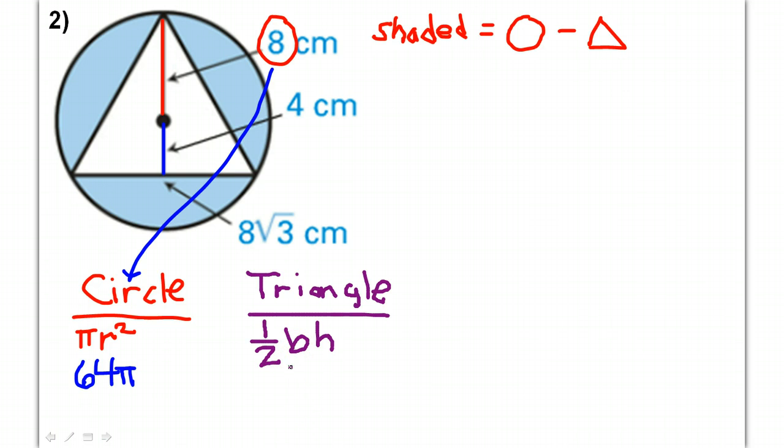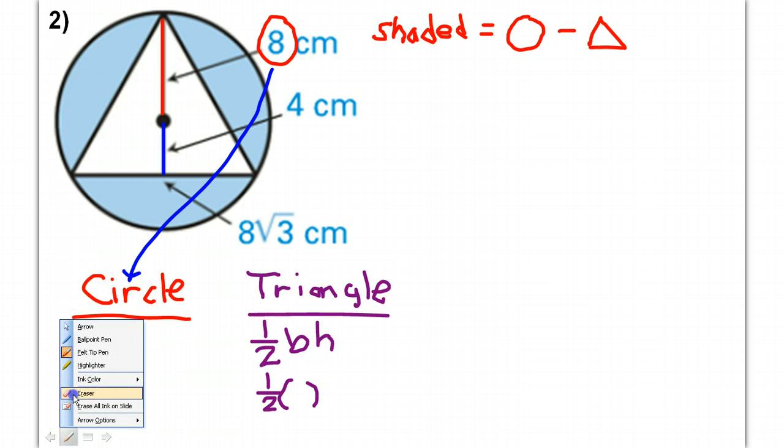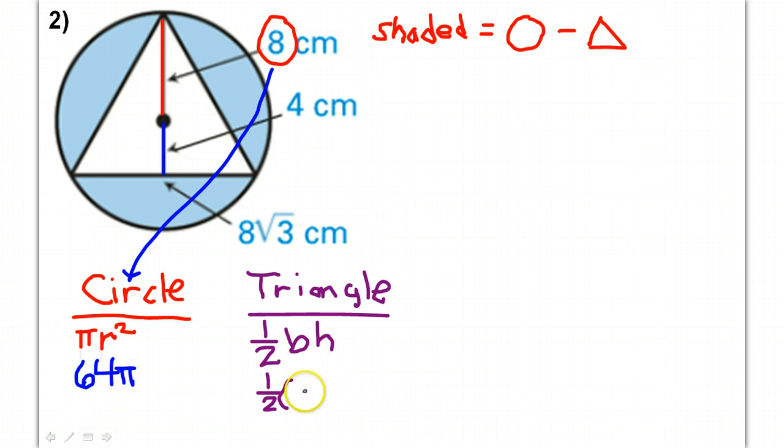Let me stay with Julian for one more second. Sir, what is the base and what is the height? Start with the base. What's the base? 8. The base is 8 square root of 3. I'm going to leave myself a lot of space. All right, so the base is 8 radical 3.